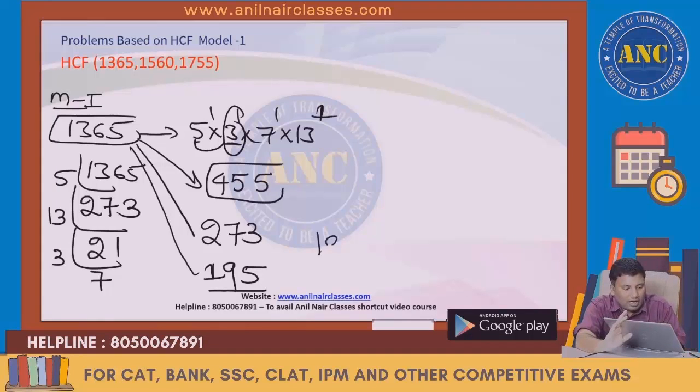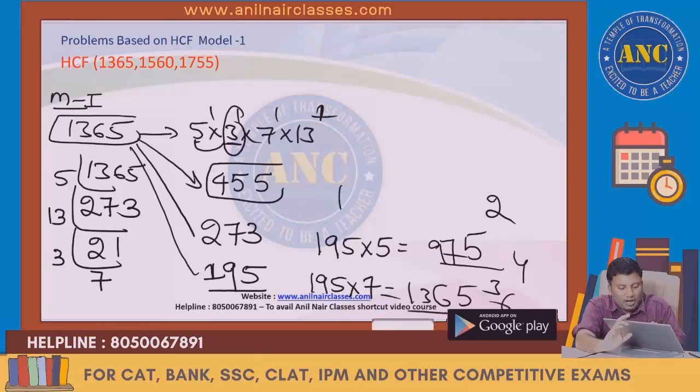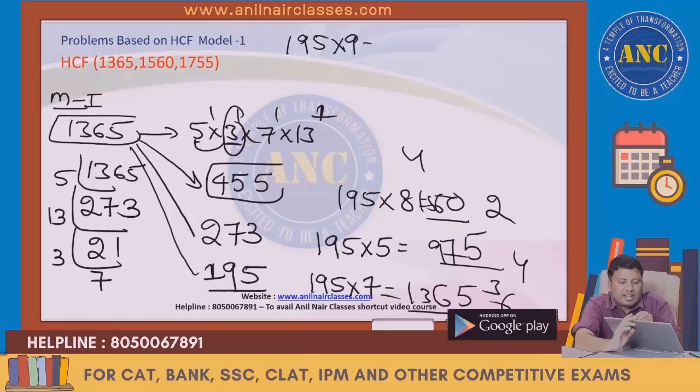Check it out, sir. 195 5s are 975. 195 7s are 1365, it is possible. 195 8s are 1560. 195 9s are 1755. So answer for this question is 195.